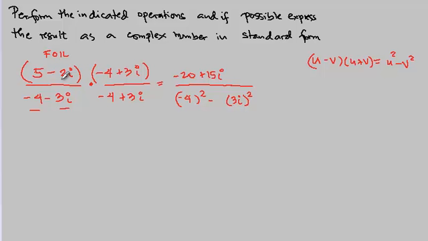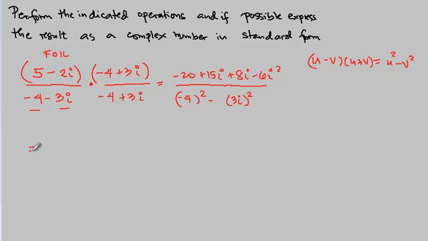Inner terms, negative 2i times negative 4, that's positive 8i. And lastly, last terms, negative 2i times 3i, that is simply negative 6i squared.